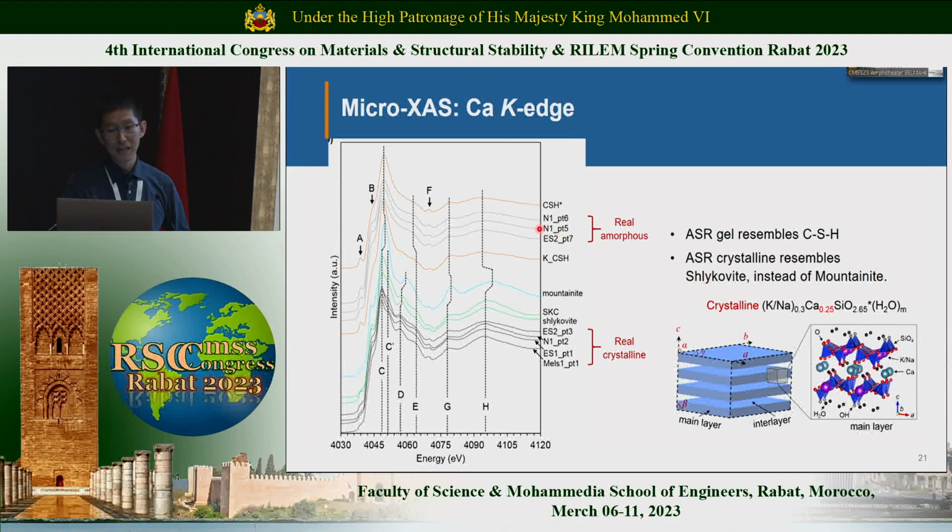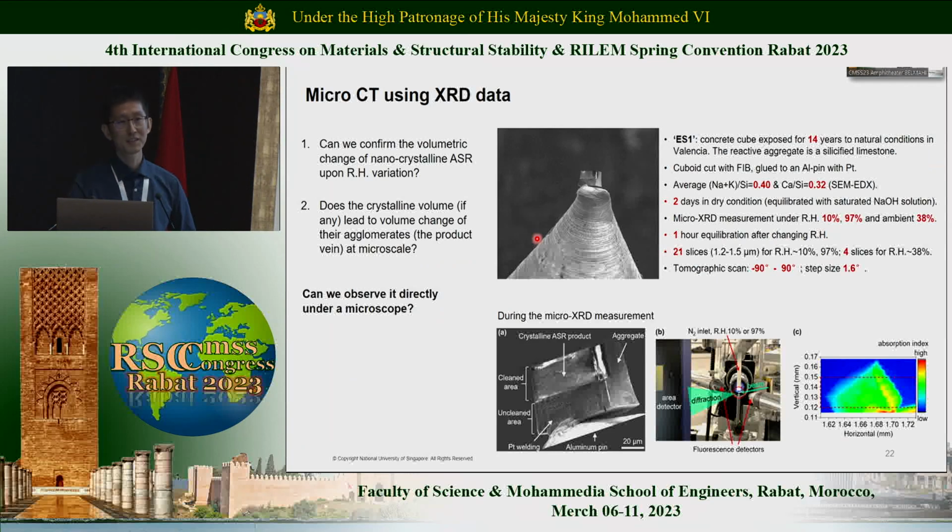And we found evidence that the amorphous ASR product, at least in the absorption spectra, resembles CSH very much, almost identical. And these are for the amorphous ASR product at long age, not the early age ASR product. So at long term, when the amorphous ASR product absorbs calcium from the surrounding cement paste, it tends to look like CSH. That's what we found using this method.